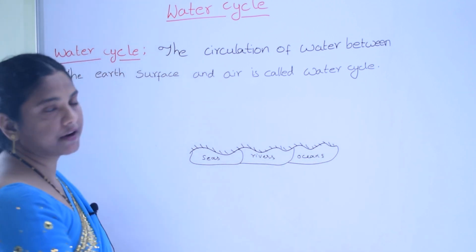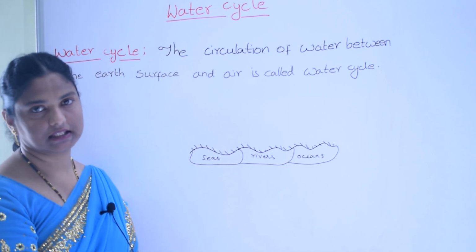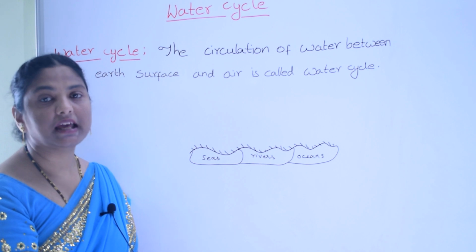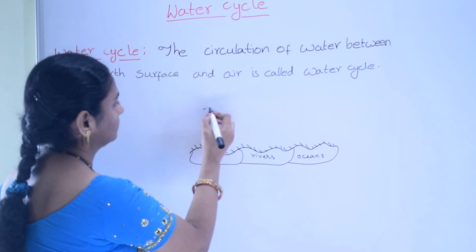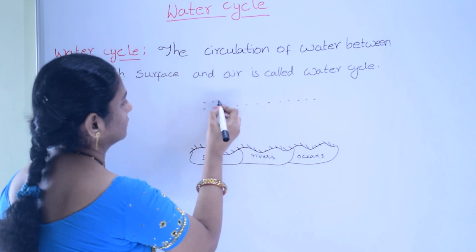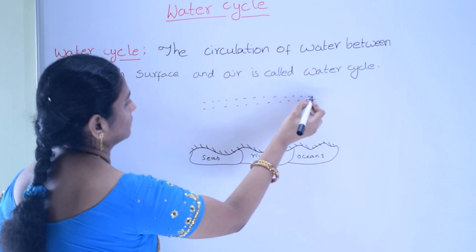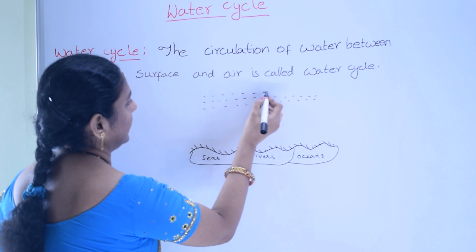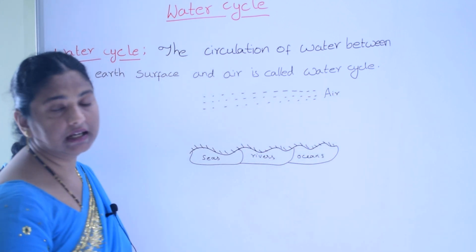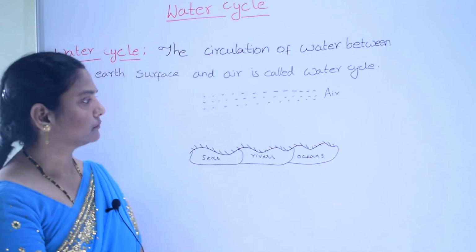On the upper part of the earth surface, air is present. This is the air which was present on the upper part of the earth surface.